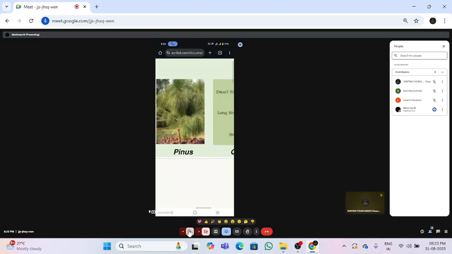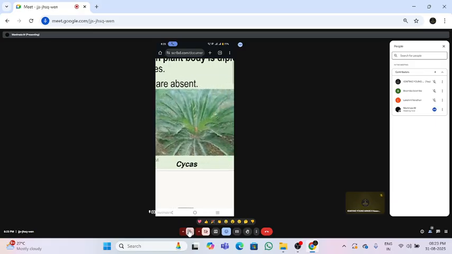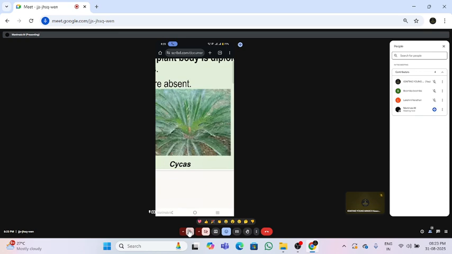About cycas, it is also regarded as a living fossil, because most cycas species are confined to particular regions, the tropical and subtropical regions, and the group is becoming endangered.